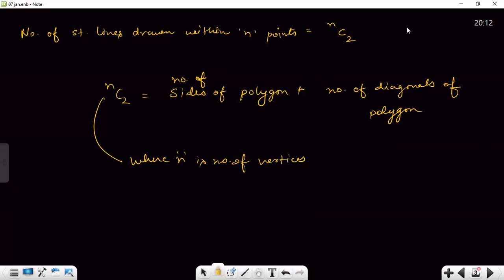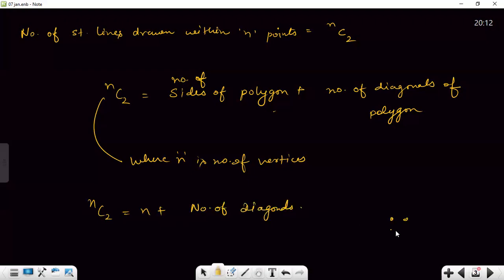We are very much aware that the number of vertices has to be equal to the number of sides of the polygon. Like 4 points are there, 4 vertices are there, then definitely there will be 4 sides. So this is going to be equal to n only. So nC2 is equal to n plus the number of diagonals.